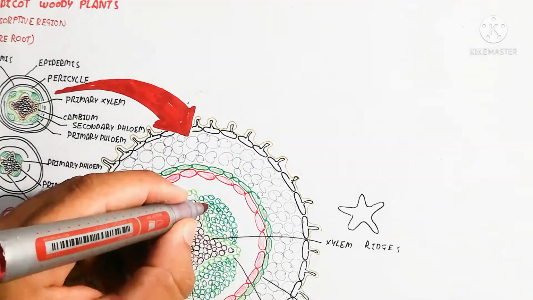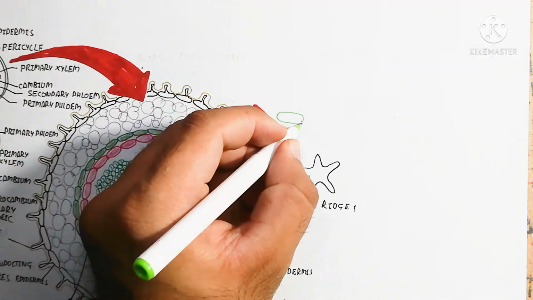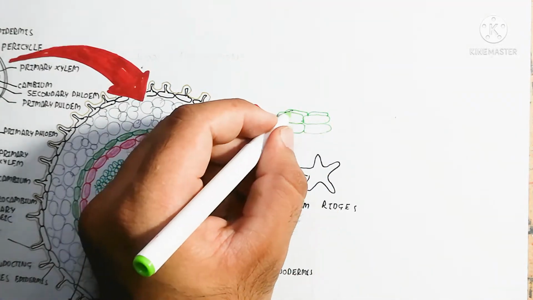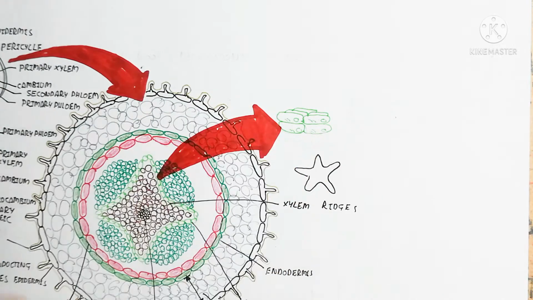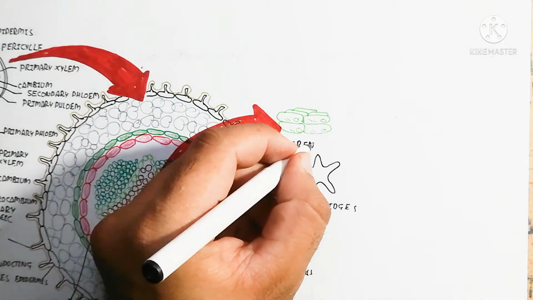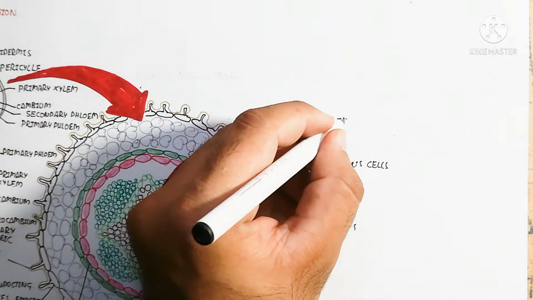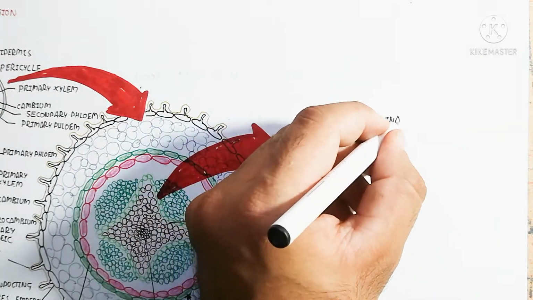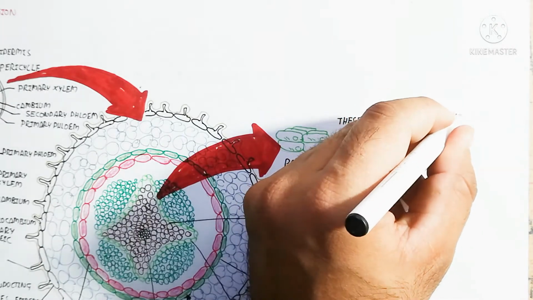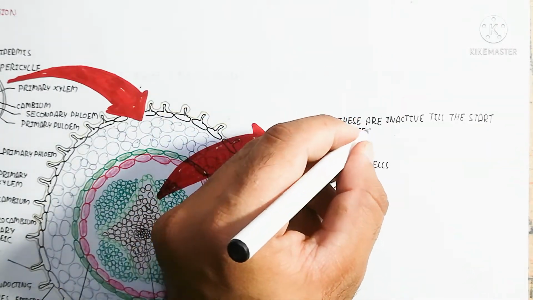Cortex is the region which contains parenchymal cells between the epidermis and endodermis. The parenchymal cells are used for the water conduction from the epidermis toward the endodermis as well as into the xylem.